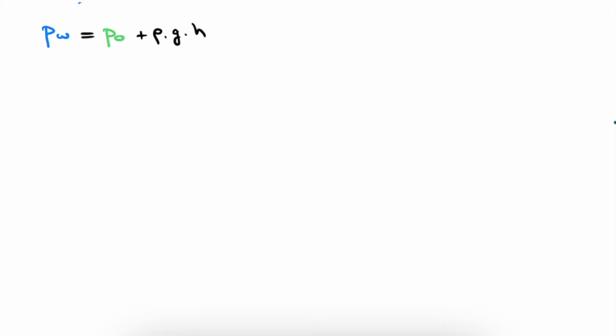And rho is the density of the seawater, g is the gravitational constant, and h is the depth that we actually are swimming at. And we see, of course, that this is actually what we need, because we need to find h such that Pw is equal to 2 times P0, because we know that P0 is equal to 1 atmosphere, and so we need the pressure to be 2 atmospheres.